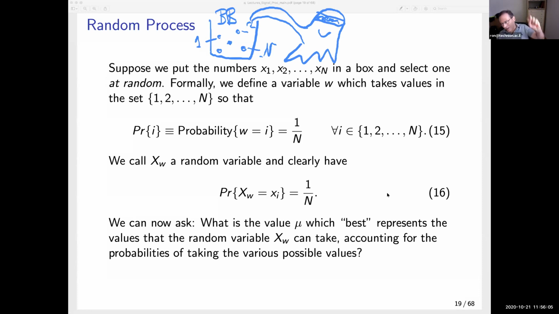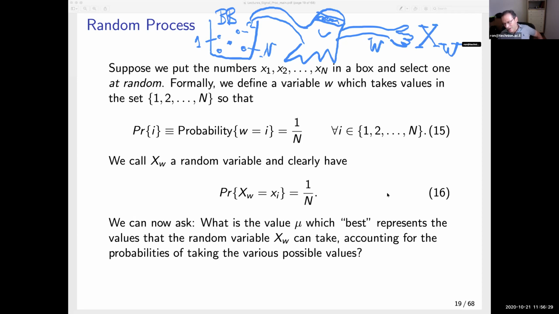He picks an index, and we call this index W. And from the realization of this index, what we get is a number. This number is called X of W.